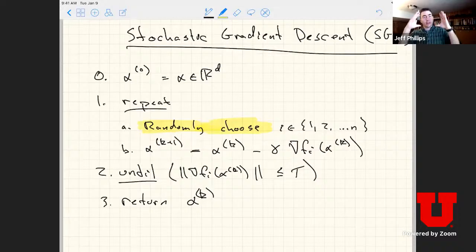And so if you learn only on the top half of that data, then you might come to the wrong conclusion with incremental gradient descent.